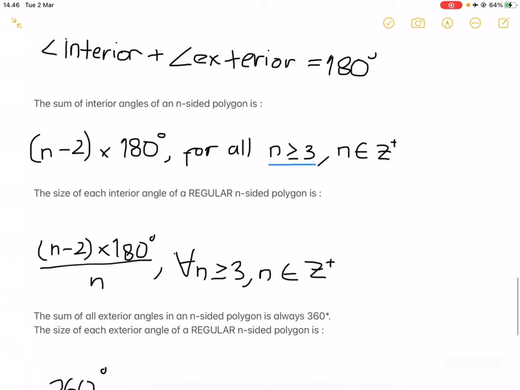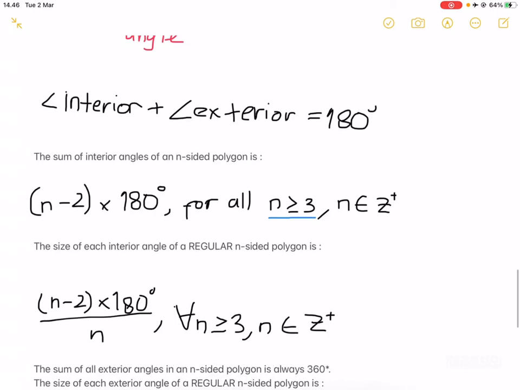And we have the size of each interior angle of a regular n-sided polygon. I typed "regular" in caps lock because this is specific to regular polygons, so you must differentiate between regular polygons and irregular polygons.